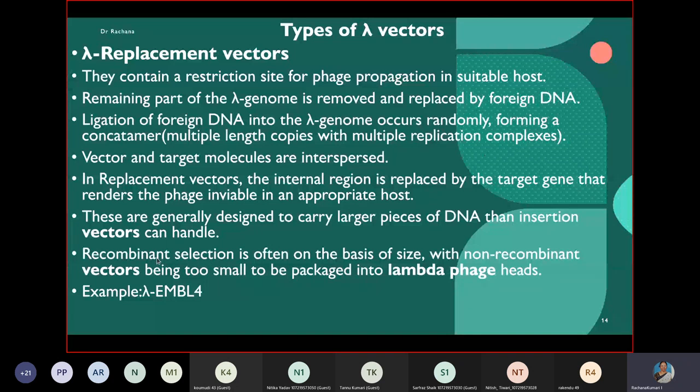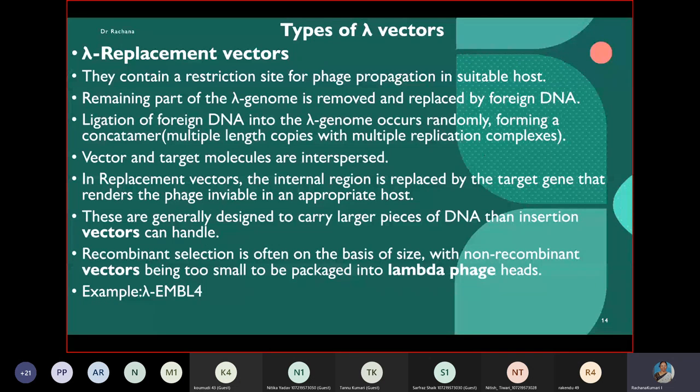Therefore, the selection, after we have done all this process, unlike the bacterial plasmids, even the phage vectors should be checked to see which of the phages are carrying our desired target DNA and which particles are not having the desired target DNA of interest.